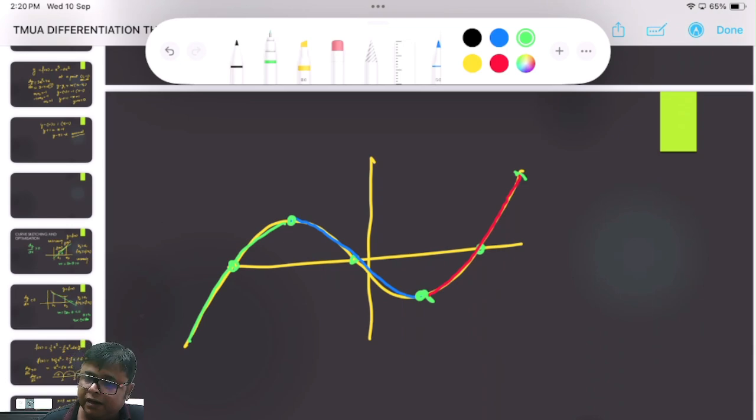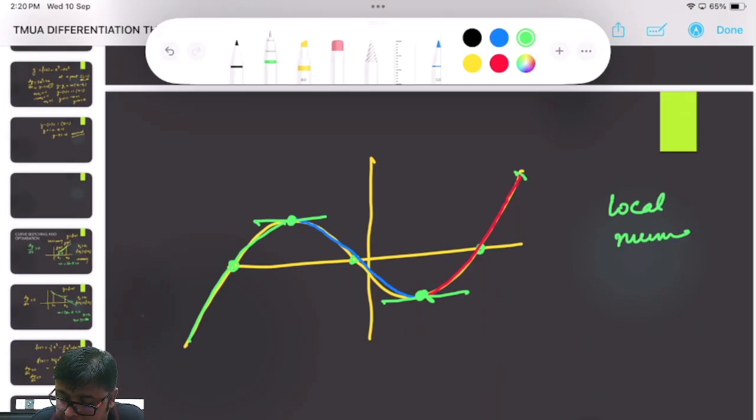And if two lines are parallel, their slopes are equal. So I say the tangents at these 2 points are parallel. And these points are called points of local minima and local maxima.